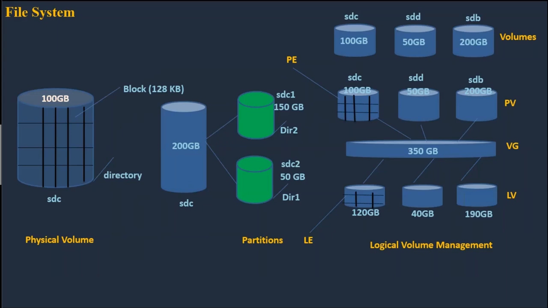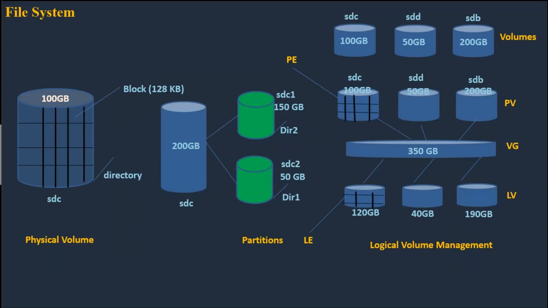The LVM software will allocate that number of physical extents to your logical volume. That means the LV is now going to map to the physical extents created at the physical volume level, right?